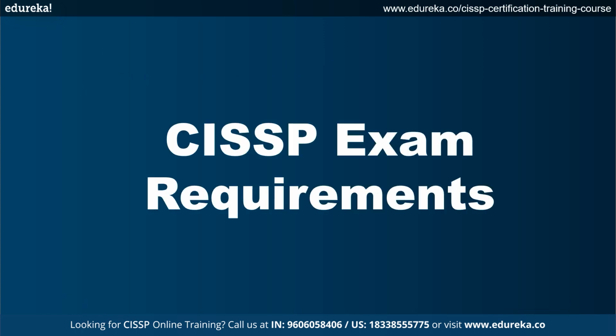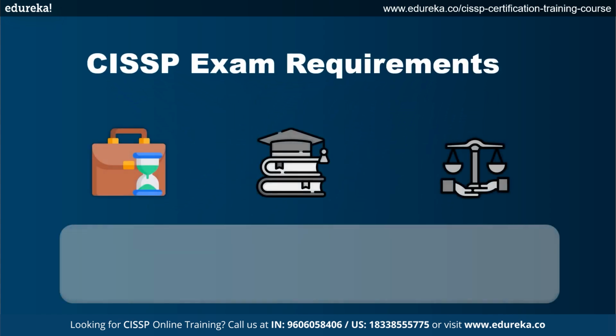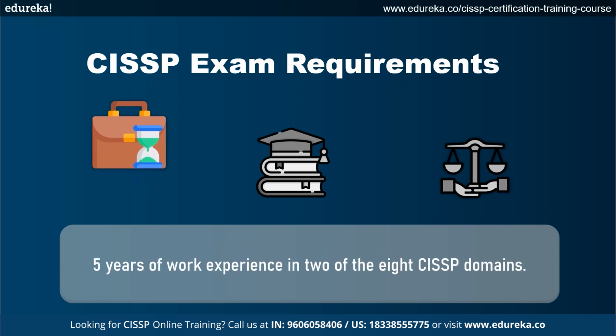Now, what are the CISSP exam requirements? In order to take the CISSP exam and become certified, you must meet the following requirements. First is work experience. To be eligible for the CISSP certification, you need to have at least 5 years of paid full time work experience in two of the 8 CISSP domains.